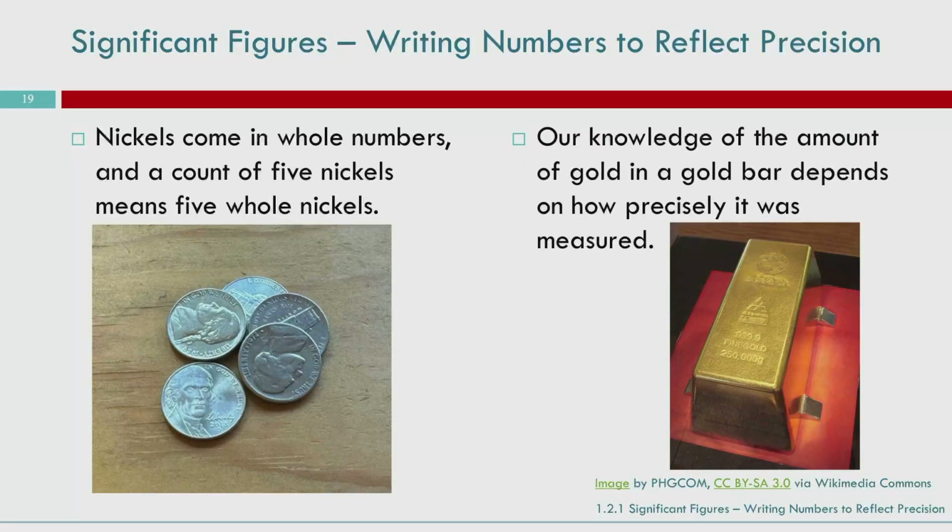I wouldn't be able to make a very good measurement. I would say that it's maybe a fifth of a yard. I wouldn't be able to say that it's 0.457 yards. I can't make that sort of guesstimation. And so significant figures is just reflecting how good of a measurement we made.